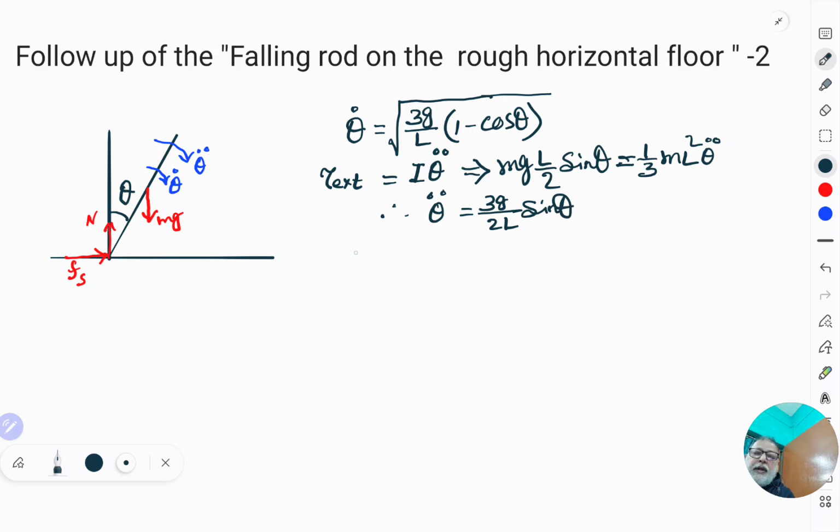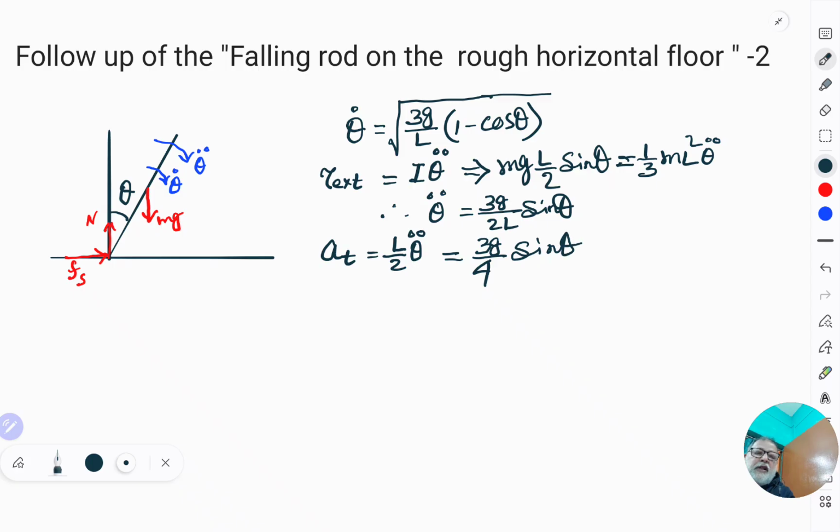And hence the tangential acceleration of center of mass, AT, which is L by 2 theta double dot, after putting the value, will be 3g by 4 into sine theta.